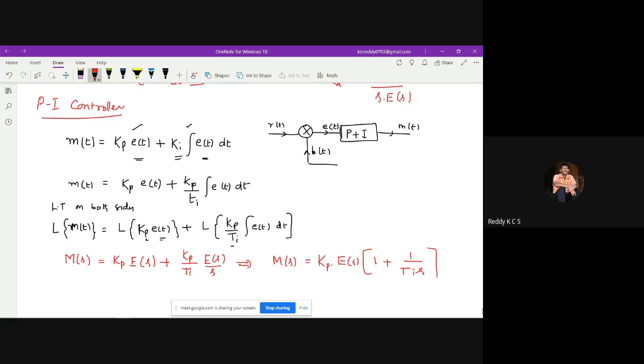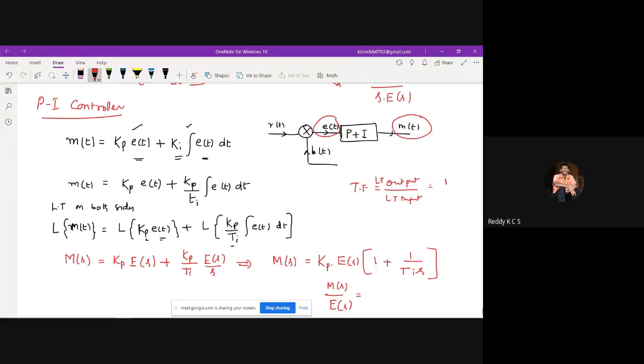If I write this in the form of M of s by E of s, we can call it the transfer function, meaning the output divided by input. The transfer function is defined as the Laplace transformation of output divided by the Laplace transformation of input.